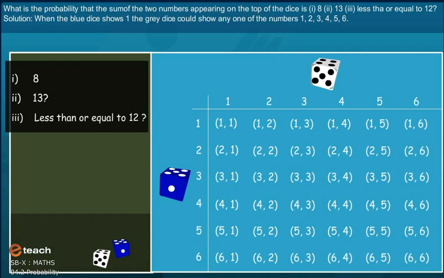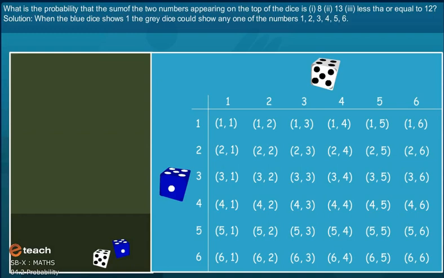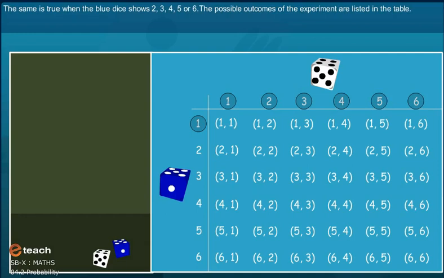Now the solution is: when the blue dice shows 1, the grey dice could show any one of the numbers 1, 2, 3, 4, 5, 6. The same is true when the blue dice shows 2, 3, 4, 5 or 6.